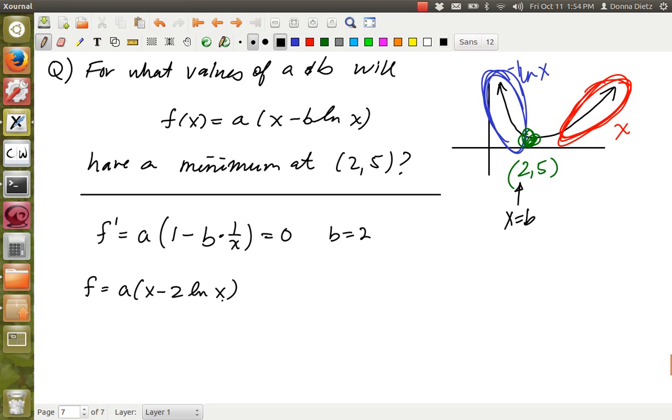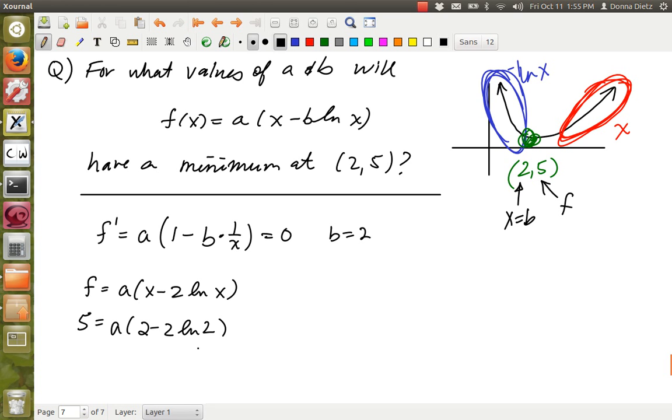And now we want to make sure that when x is 2, this has got to be the f value. So 5 equals a, now x is going to be 2. That's confusing, right? Because x is b, and x is 2 and b is 2. X and b and 2 are all the same at this point, at this green messy point that I drew. It's all the same.